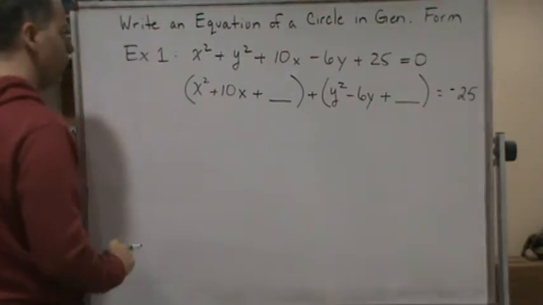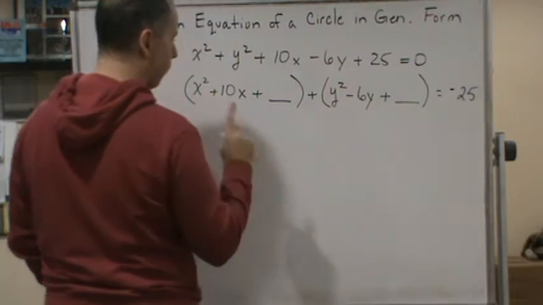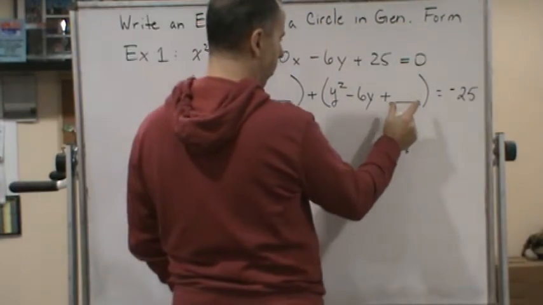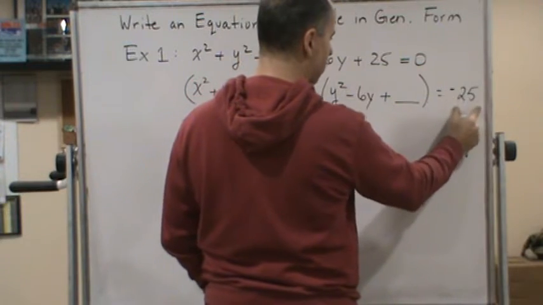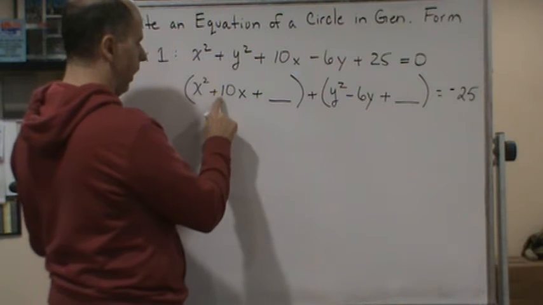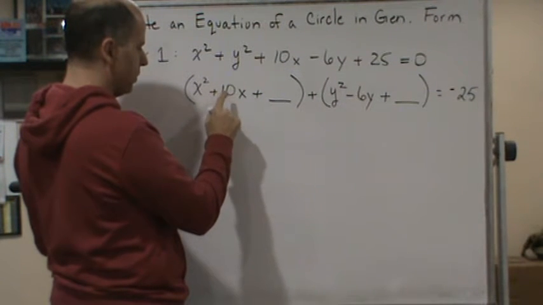Now I'm going to complete the square for both of these, but remember, whatever I add or subtract here, I have to do to the other side as well. So how do I complete the square? I take the middle term, divide by 2, and square it.